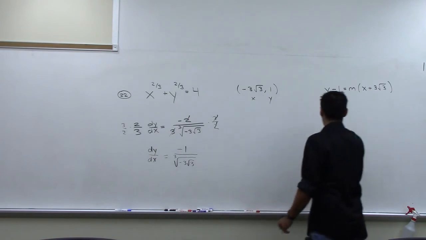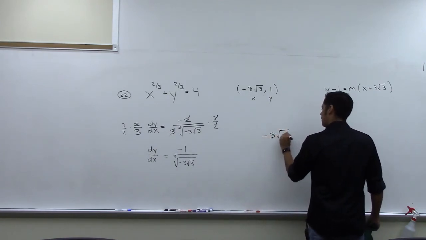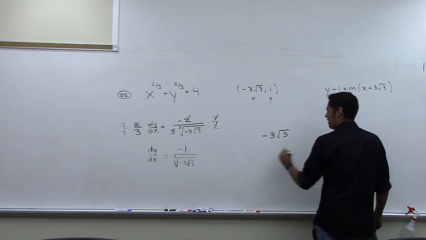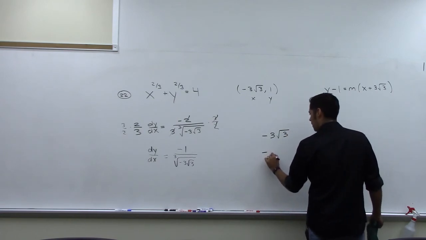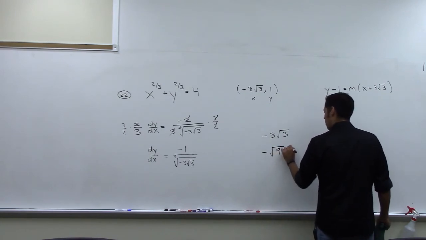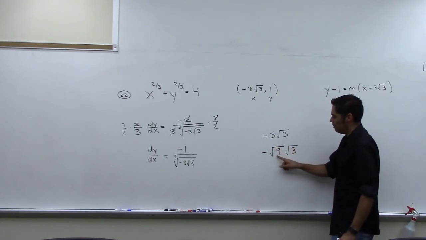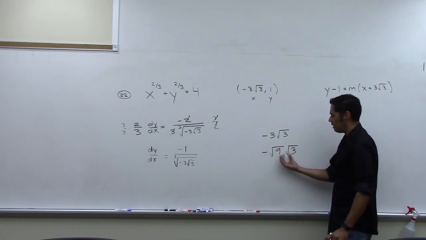So let me try and convince you of something. This negative 3 root 3 is the same as negative square root of 9 times root 3, because 3 is actually the square root of 9. I know that looks weird, but now I can put those back together.